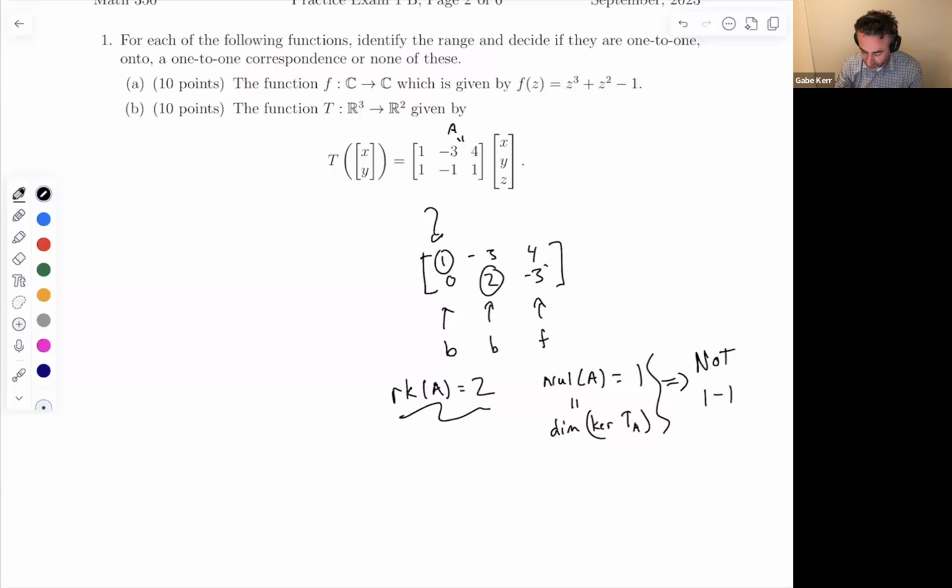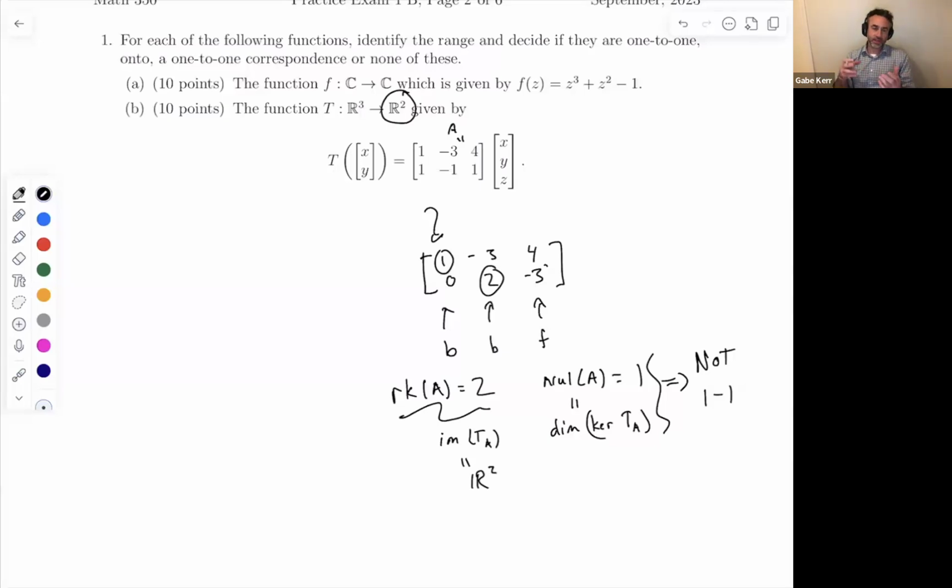This means that the dimension of the image is 2, which equals the dimension of the codomain. This means that the image of T_A equals the codomain, which is R2.